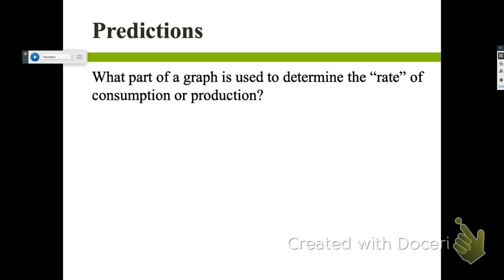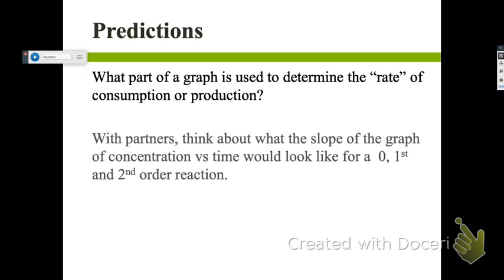Sometimes. Okay, so that's what I want you thinking about. So the next question then, question number 3, asks, what does it mean to look at the slope, and what do we expect to change about the slope of concentration versus time for 0, 1st, and 2nd order? You guys remember what 0, 1st, and 2nd order means?